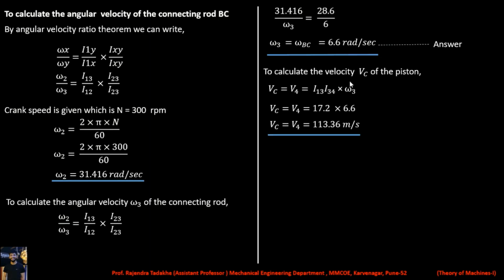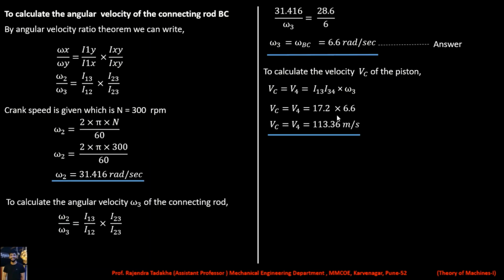Now we have to calculate the velocity of the piston. So here we just use the simple formula that V is equal to R omega. So radius is I13 I34, into the angular velocity of the connecting rod. This distance I13 I34 we have to measure from the configuration diagram, that is 17.2, into omega 3, which we have calculated in the earlier step.